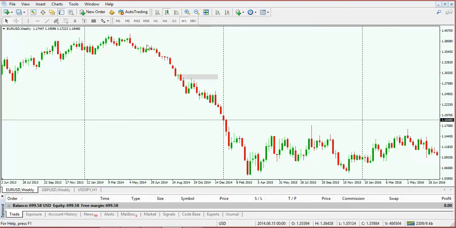So we call this a downtrend. You see that when the market drops, it goes up a bit like this, it comes down, goes up a bit, then we came down like this. So that is the behavior of the market.